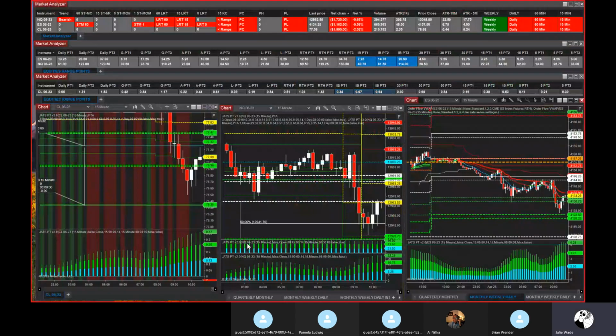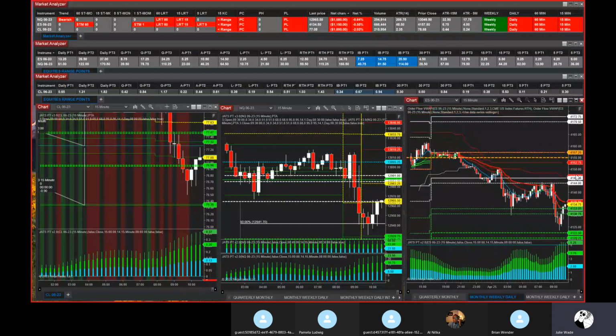Okay, so it's slowing down. We're kind of getting close to lunch. It's coming up on 11:30 Eastern. And this little consolidation is still being undertaken.